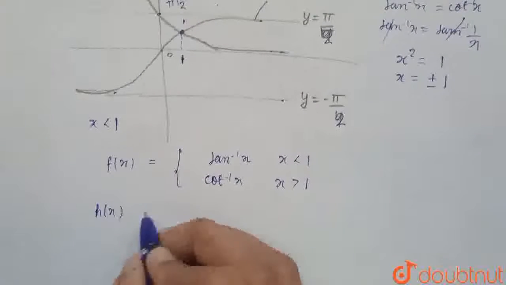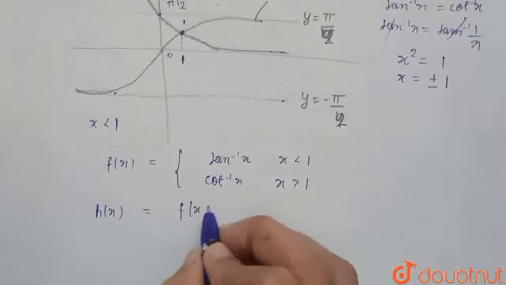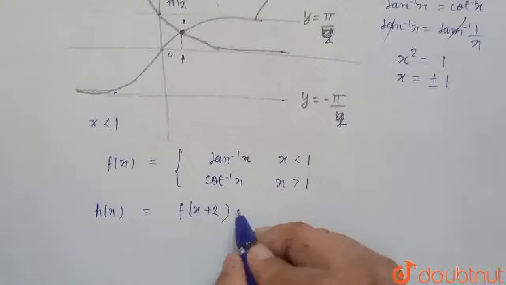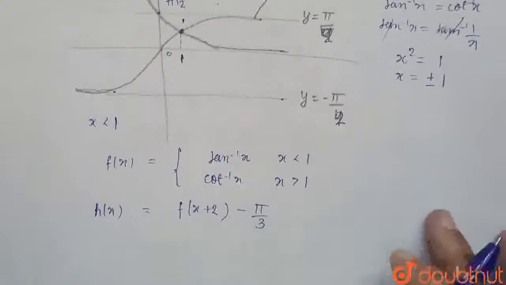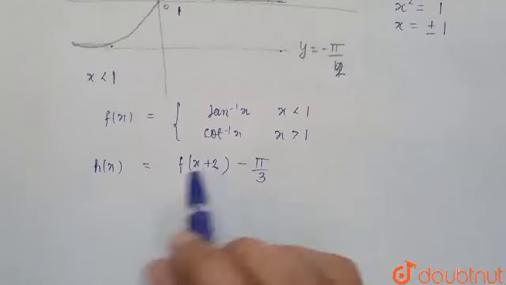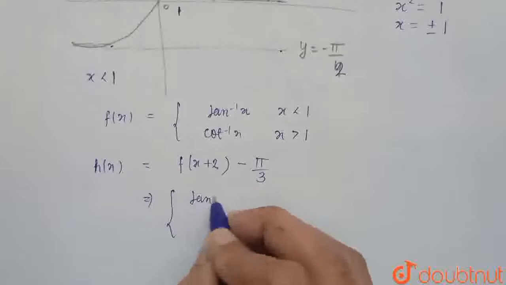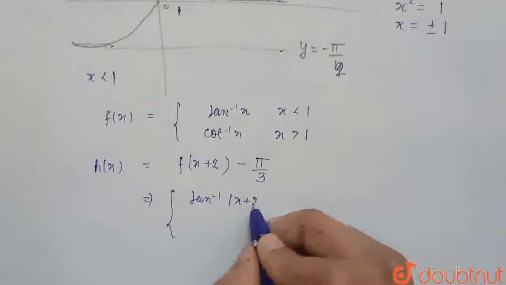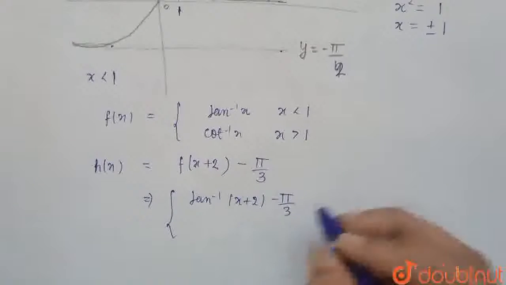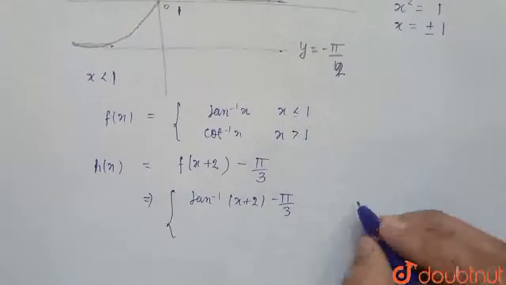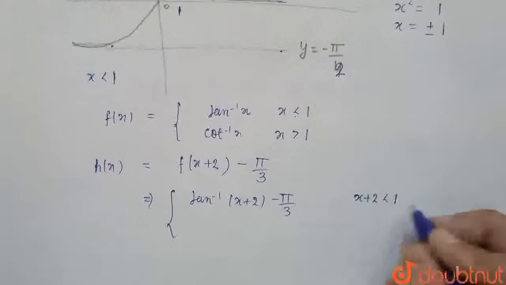Now we have to find h(x). So h(x) will be f(x plus 2) minus pi by 3. So we have to put x plus 2 in f(x). So we will get our h(x) as tan inverse of (x plus 2) minus pi by 3, and this value will also change. So x plus 2 less than 1.